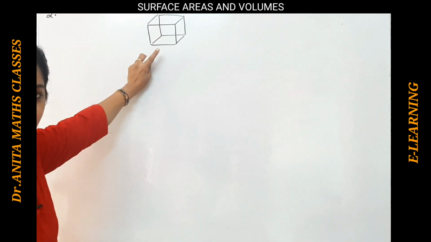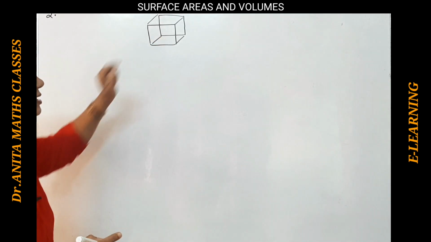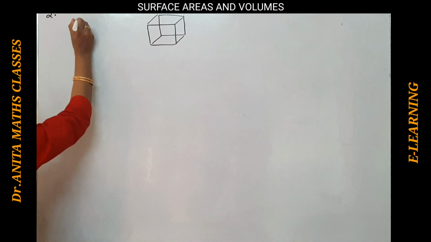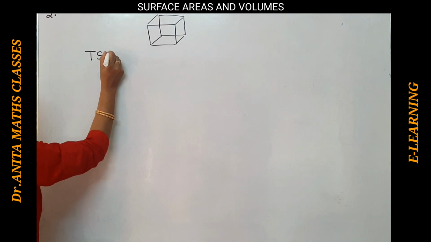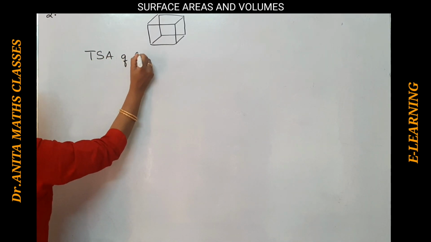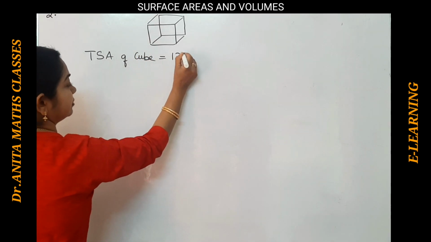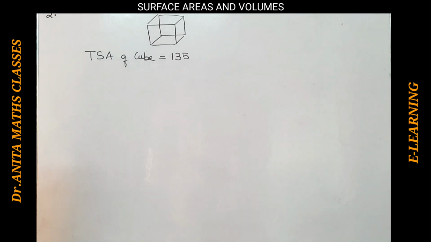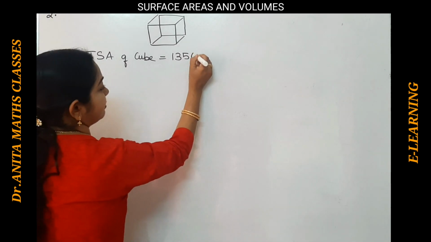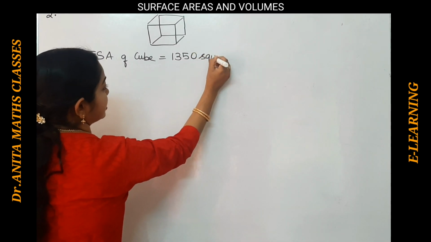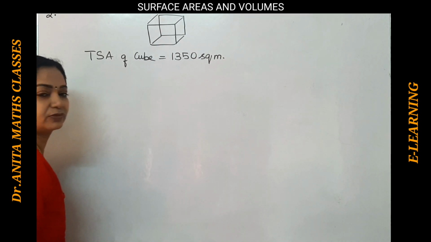Even the diagram bears marks. Here the cube is given and also given the TSA, that is total surface area of cube, as 1350 square meters. Now we are asked to find the volume, okay?